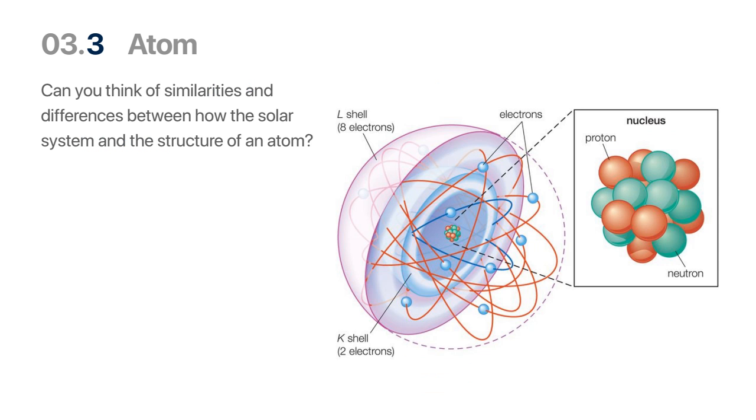Here's an exercise. Can you think of similarities and differences between the solar system and the structure of an atom? One similarity is how the solar system is arranged: the densest part, the sun, is in the center, and planets orbit around it, a lot like how electrons orbit around the nucleus.